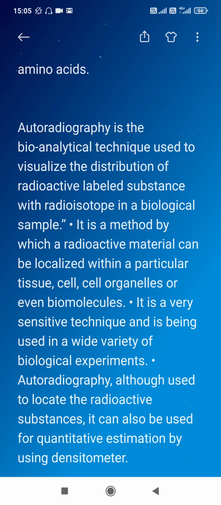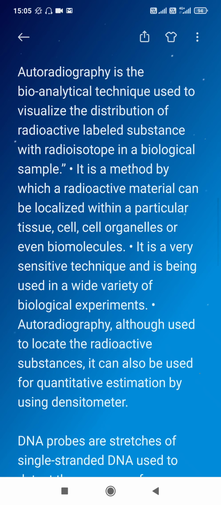Autoradiography is the bioanalytical technique used to visualize the distribution of a radioactively labeled substance, with a radioisotope, in a biological sample. So we are using the probe which is tagged with a radioactive substance, and with the help of autoradiography you are able to visualize where that probe is located.